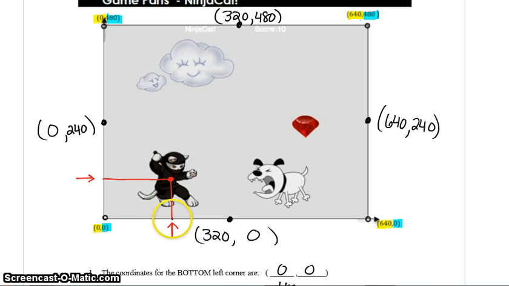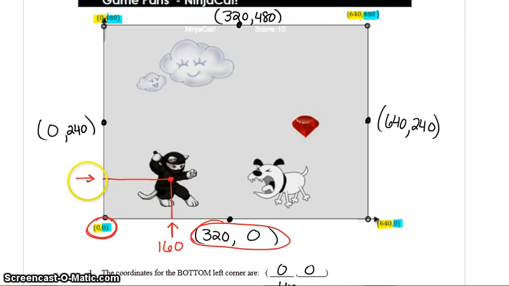So let's start with his x position. It appears that the cat's x coordinate is halfway between these 2 points, halfway between 0, 0 and 320, 0. So halfway between 0 and 320 is 160. So the cat's x coordinate is approximately 160.